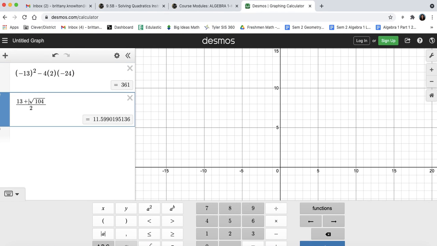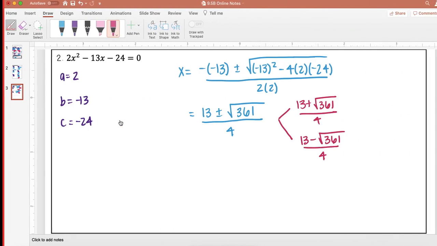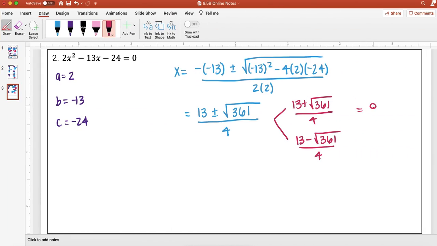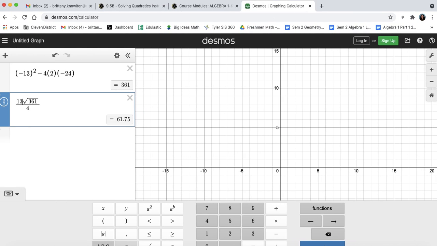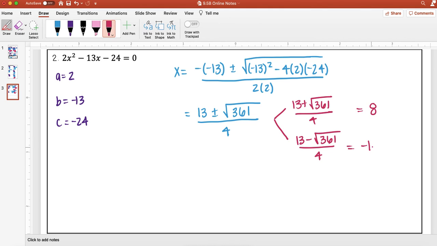I'm just reusing what I already have typed out. And so I see that first one just comes out to be 8. And that second one comes out to be negative 1.5. So my two answers are 8, negative 1.5.